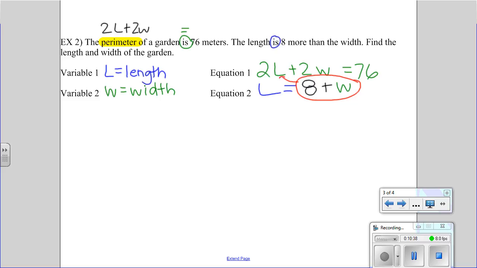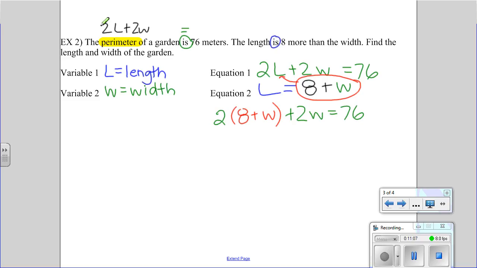Good job. I'm going to keep the 2 in equation 1. But instead of writing L down this time, what am I going to write? Oh, I like it. Who said parentheses? Nice. I still want the plus sign because the only thing I'm getting rid of is the L. So I'm going to put plus 2W equals 76. Cody, what would I do first here?